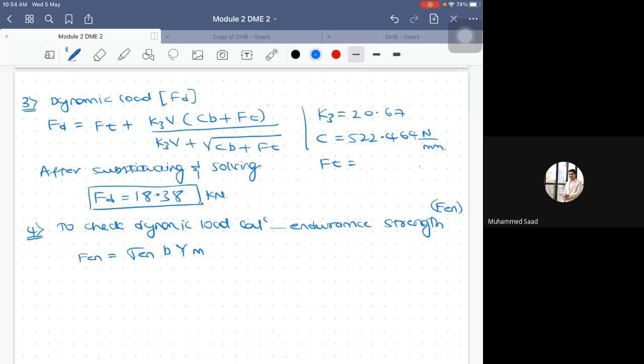So what is sigma EN? Any information regarding sigma EN? How do I calculate sigma EN?